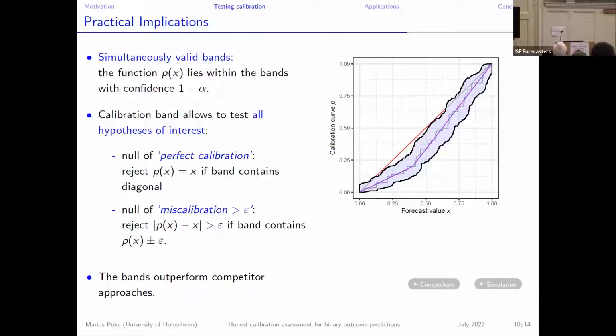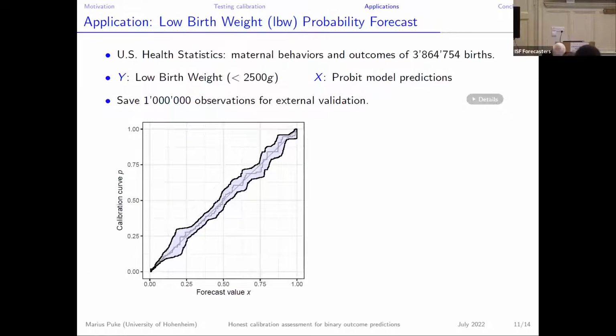Of course there are some competitor approaches around, as you might imagine, but we outperform these competitor approaches in these binary settings in terms of flexibility, coverage, and so on and so forth. So we try to apply these confidence bounds that we are constructing to an example. We use data from the National Center for Health Statistics in the US.